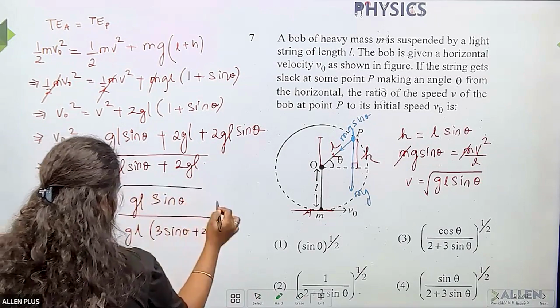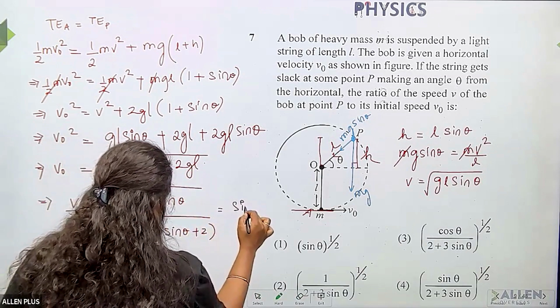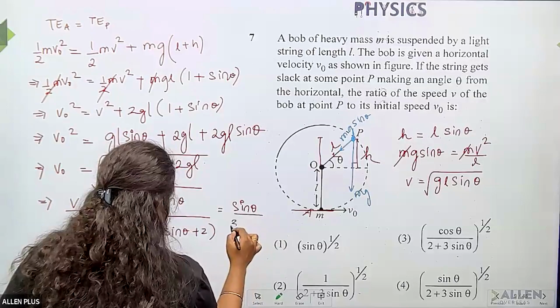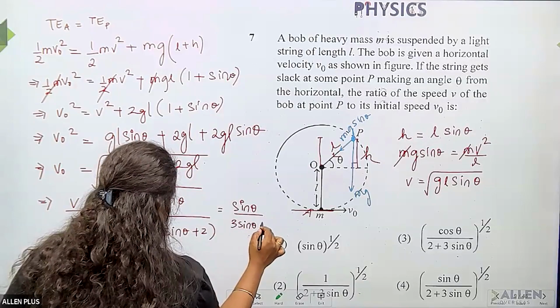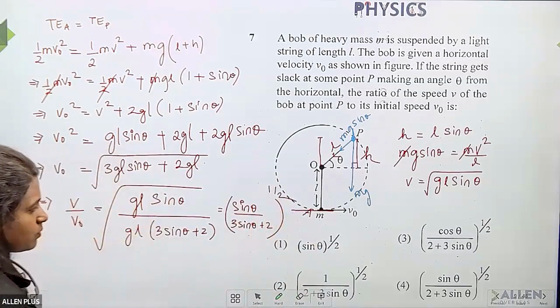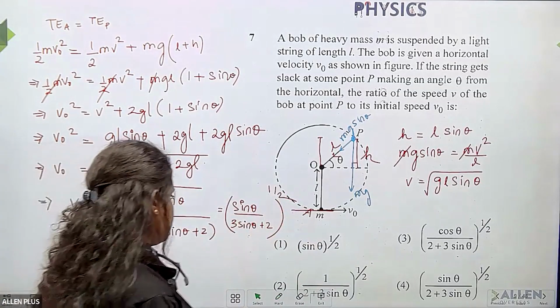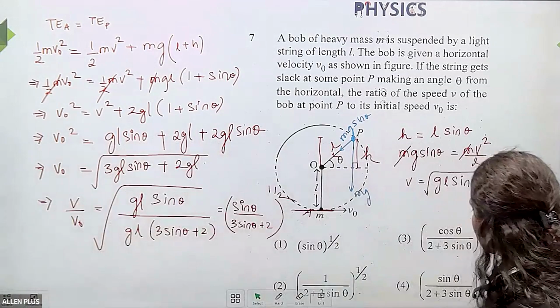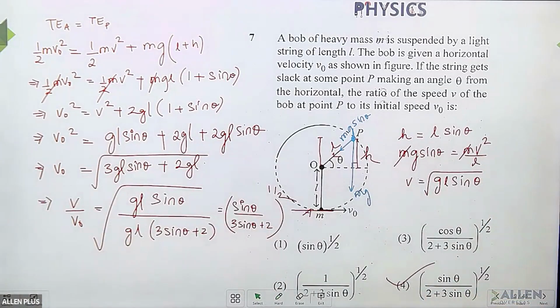This will be equal to sine theta by 3 sine theta plus 2, whole to the power 1 by 2. This is the option we are having here. Option 4.